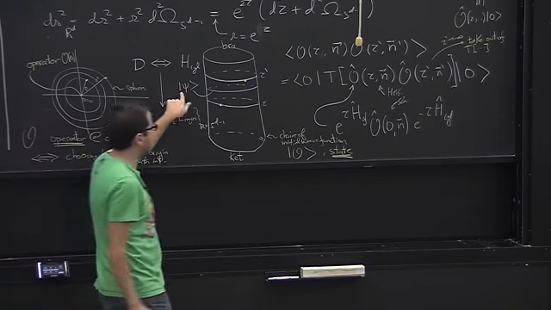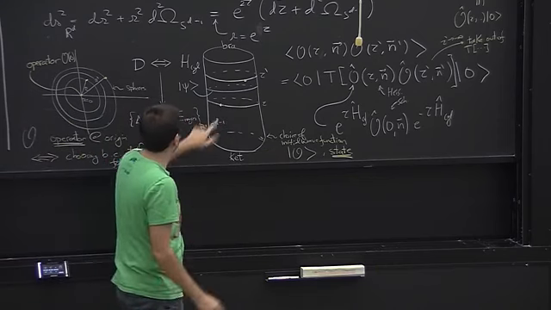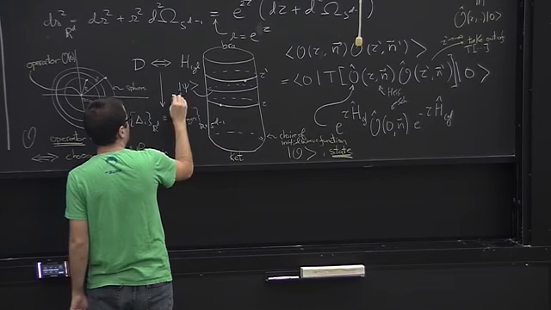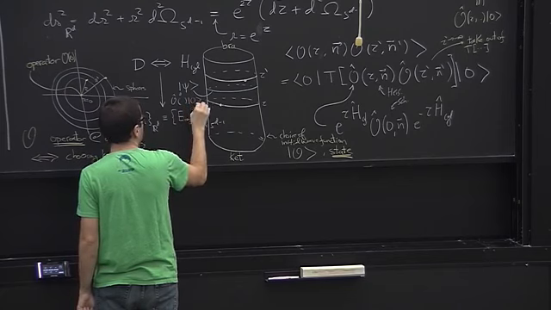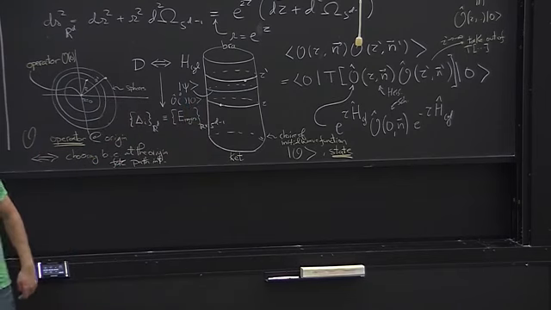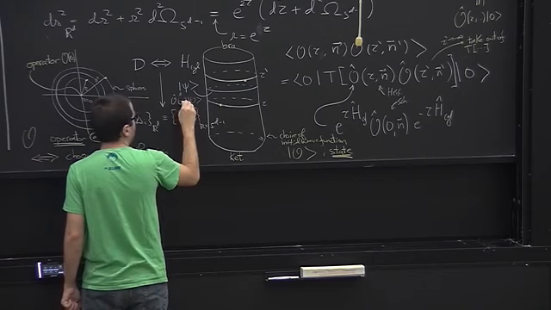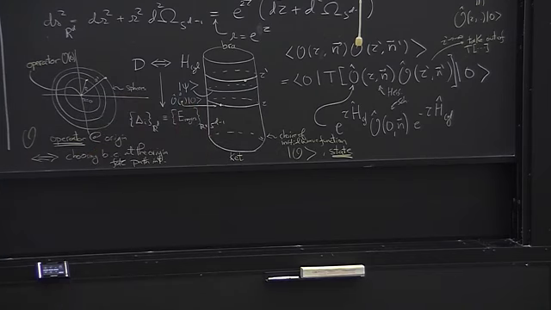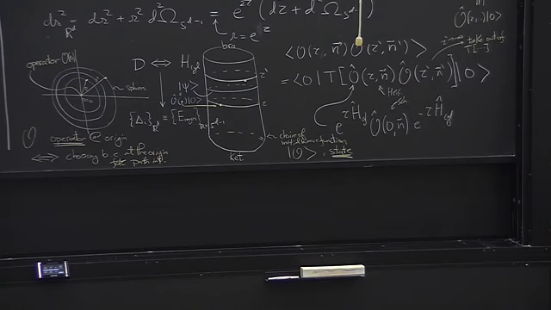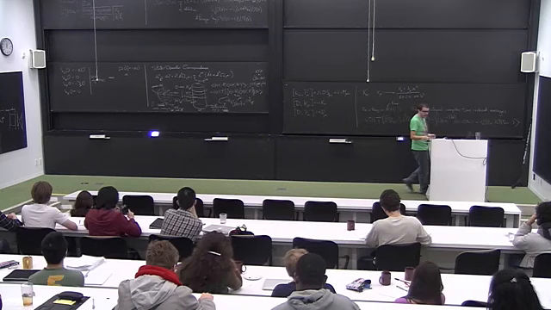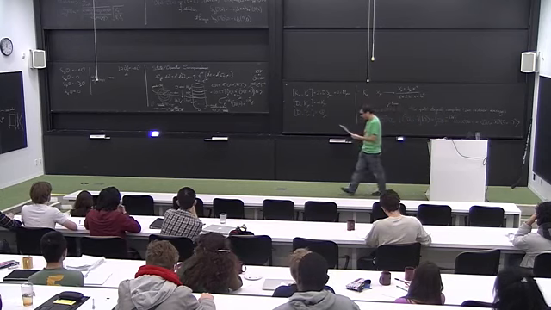It's the state that I get by starting with this operator here and acting on the state O. And then I continue evolving and I get my state until I overlap it again at the infinity. So there is this notion that evolution in time in the cylinder is the same as evolution in the radius in the original theory, and this is what is called radial quantization or radial evolution.